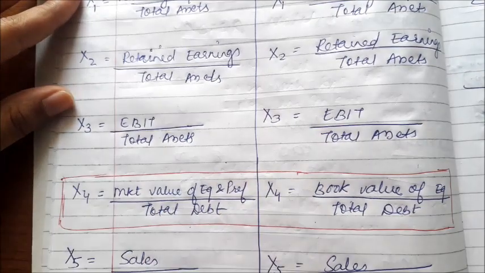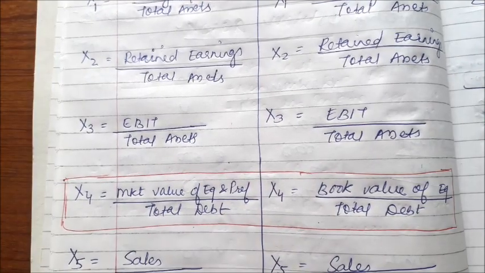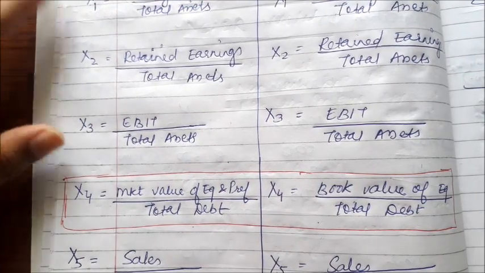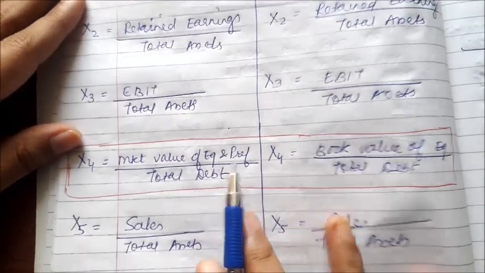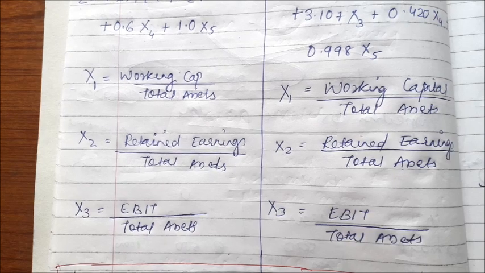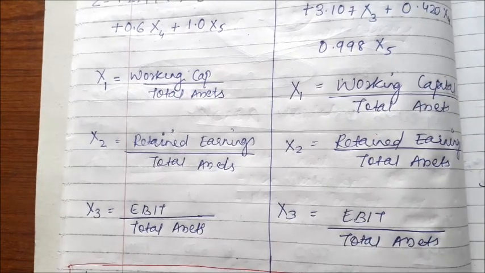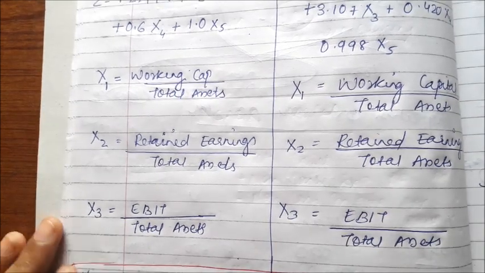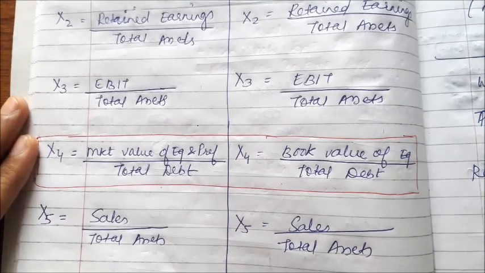In the other X values, the denominator is total assets: X1 working capital, X2 retained earnings, X3 EBIT, X5 sales, and this remains the same for both models.